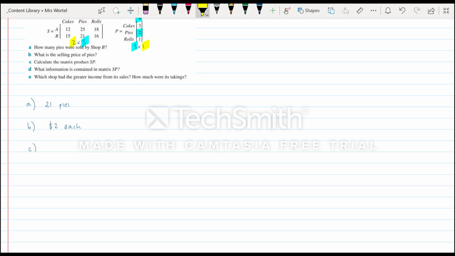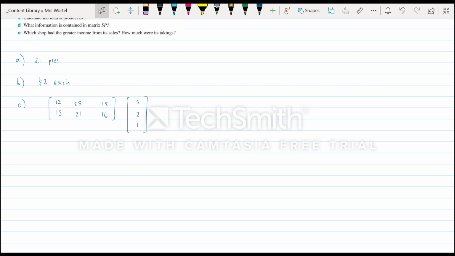Okay, so let's calculate that matrix product. We've got 12, 15, 25, 21, 18, 16, and 3, 2, 1. So remembering our matrix multiplication rules, we're going across our first row and down the column, getting those corresponding elements.